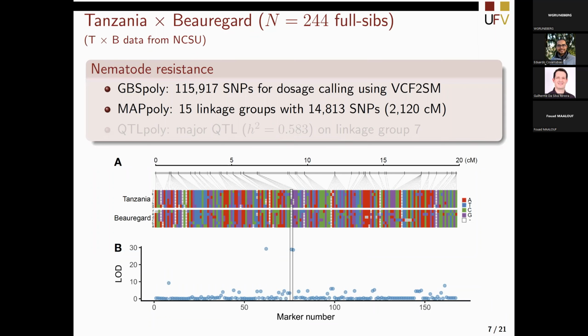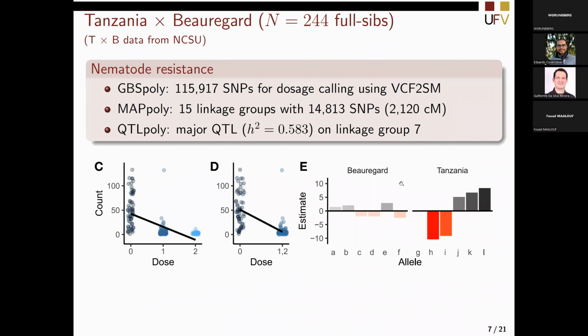The limitation that the biallelic SNPs offer us is not the limitation that the biology of sweet potato actually offers us, because it's highly multi-allelic. They are not limited by biallelic SNPs, and that's actually the whole concept we use for QTL mapping.